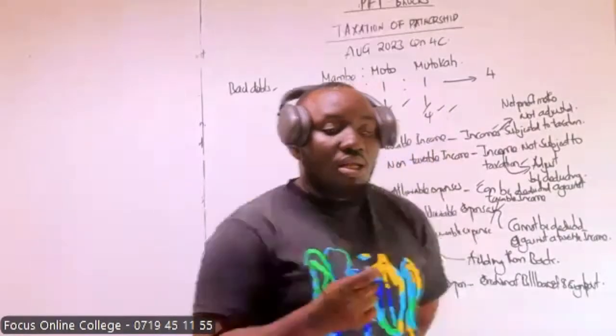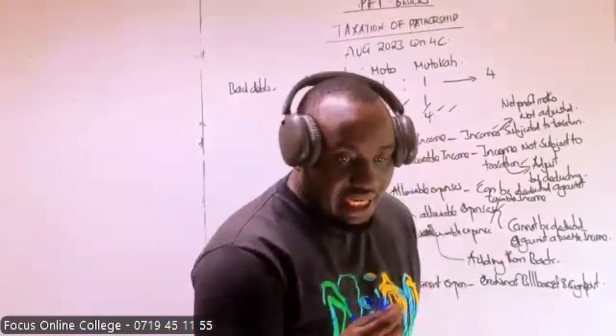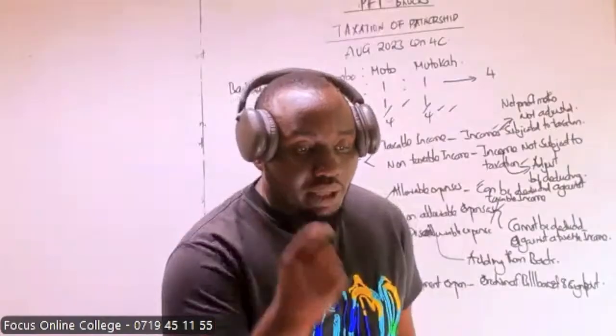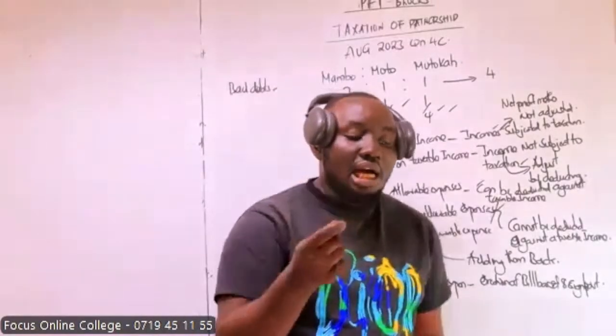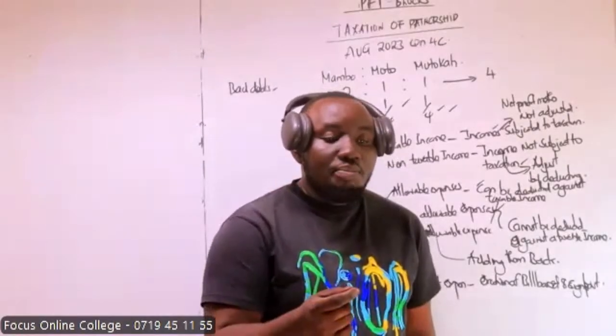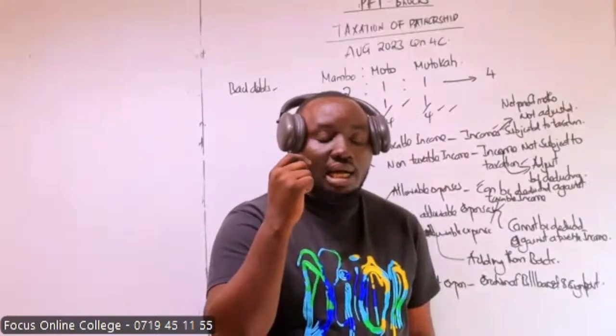However, if you have a bad debt that relates to a fixed asset, then that should be non-allowable, because that's not a revenue item; it's a capital item.